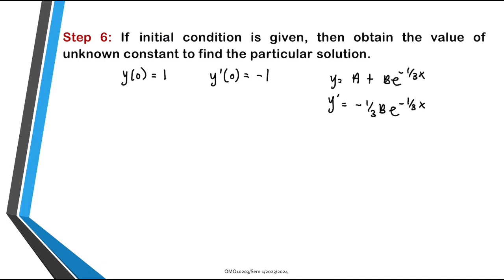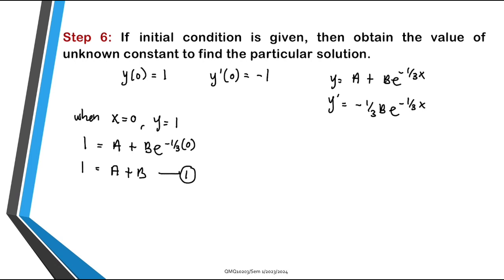For y(0) equal to 1, when x equal to 0, y equal to 1, so we get 1 equal to a plus b e^(-1/3 times 0). So you get a plus b. This is the first equation, so let's name it equation number 1.